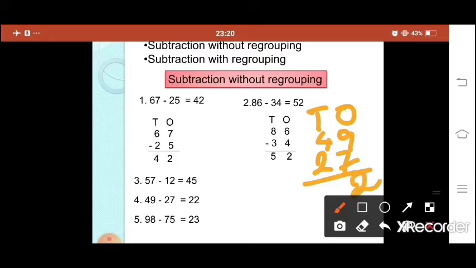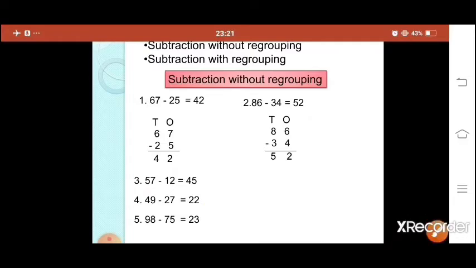Then 4 in the mind, 2 on the finger, before 4, 3, 2. So the answer is 22. Like this way we will do that. That means here what is most important is backward counting.